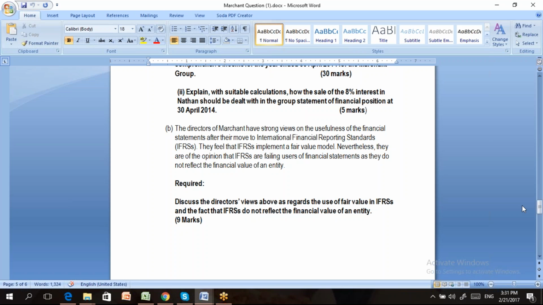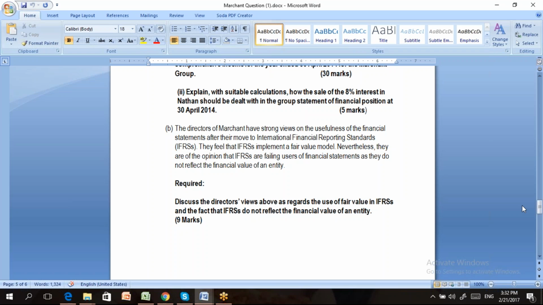IAS 40 investment property, there again we have an option to measure at fair value and any corresponding changes in earnings to be reflected in the P&L. Right? So IAS 40 also gives an option. IAS 16 also gives an option. IFRS 10 consolidation and IFRS 3 business combination, no option, all must be brought at fair value.